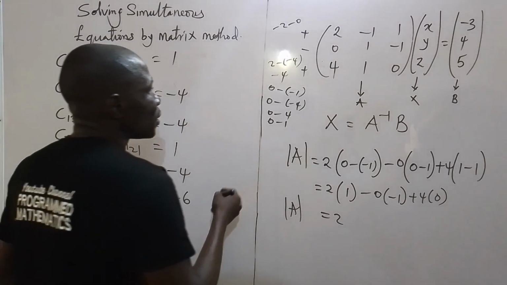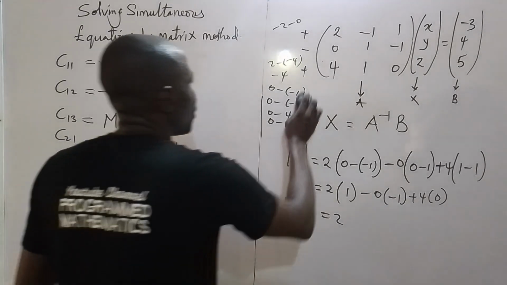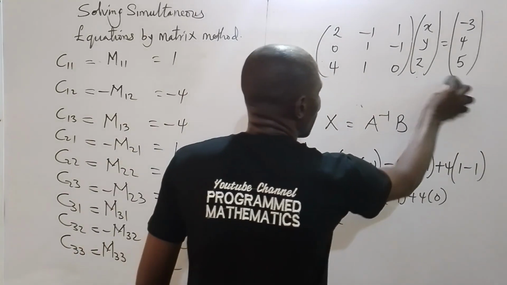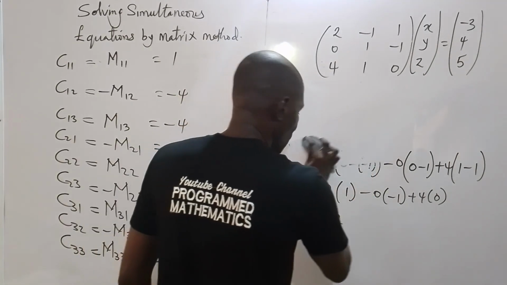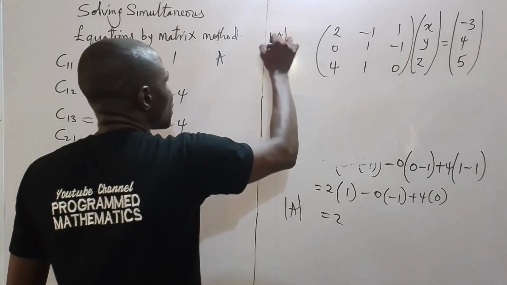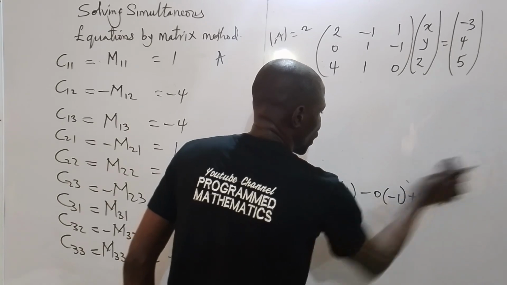Okay, so now we write out the matrix of the cofactors. I want to leave this for now because I will need it later. The determinant: we have calculated the determinant of matrix A to be 2 down here, so I'm going to use that as well.